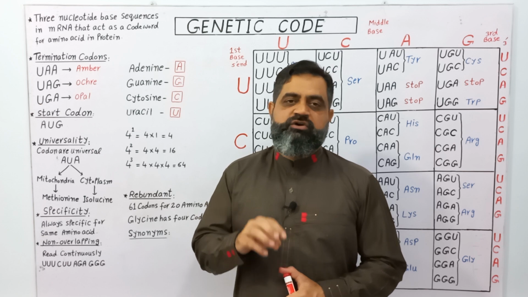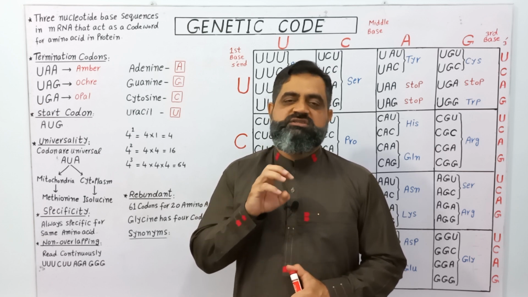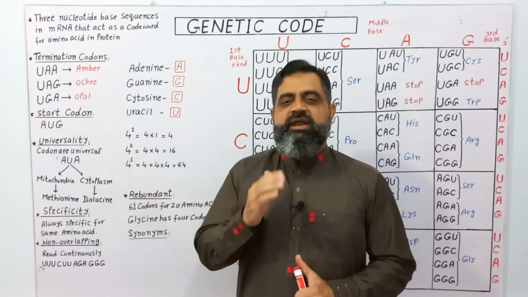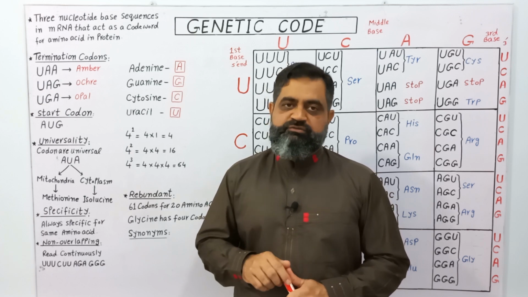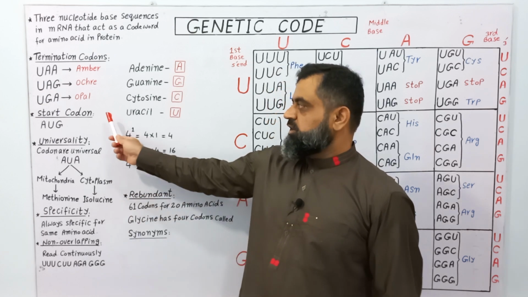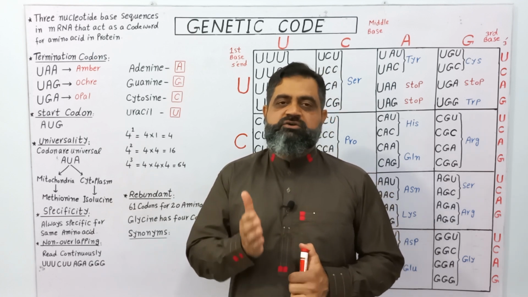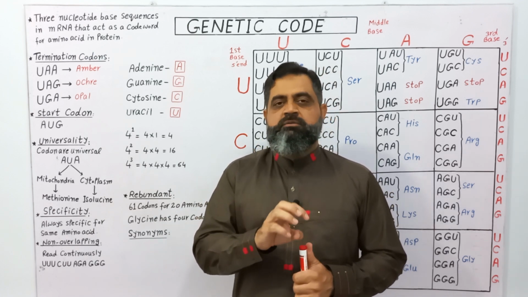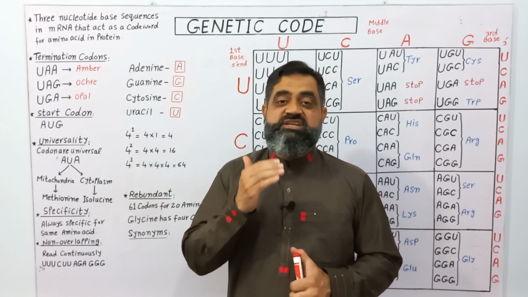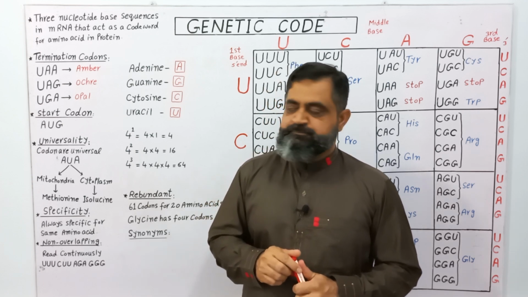Rather, they are used as the stop signal for the synthesis of a particular protein, and they are present at the terminal portion of messenger RNA. The start codon is always AUG, which represents methionine, and it is always present at the starting point of messenger RNA, which initiates the process of synthesis.